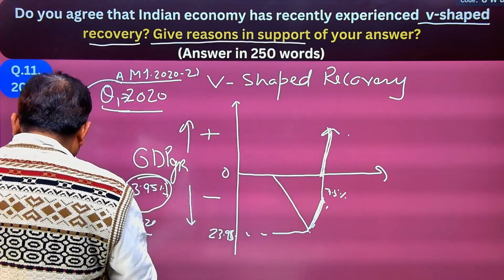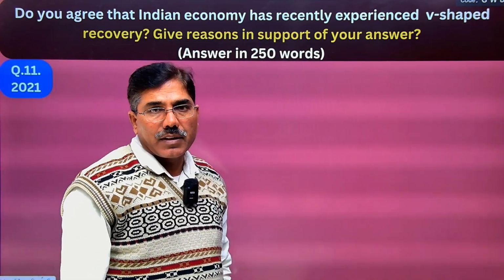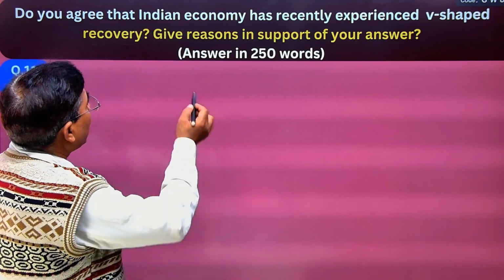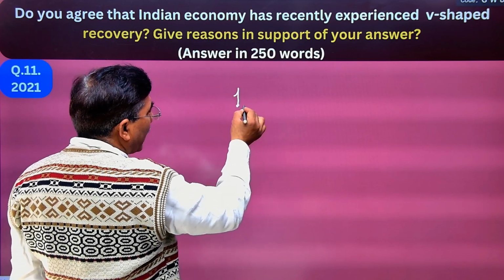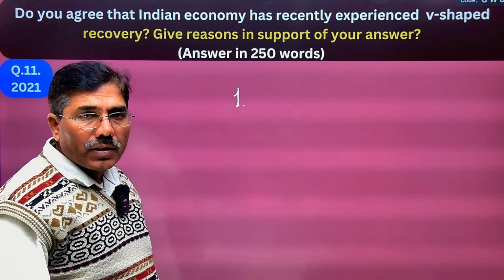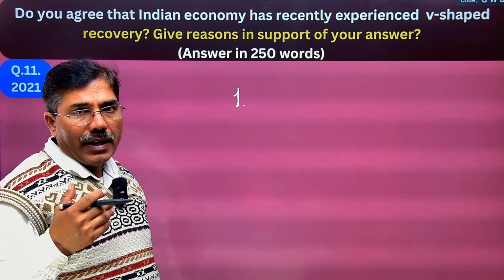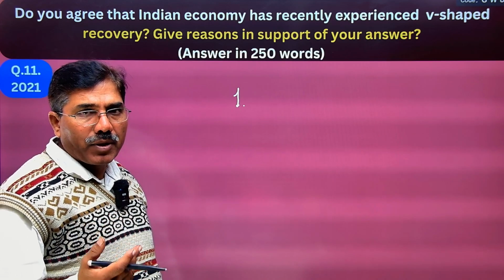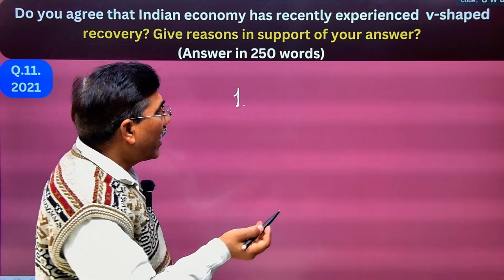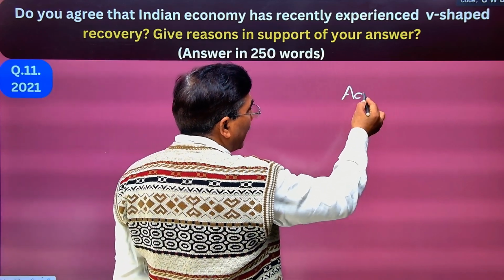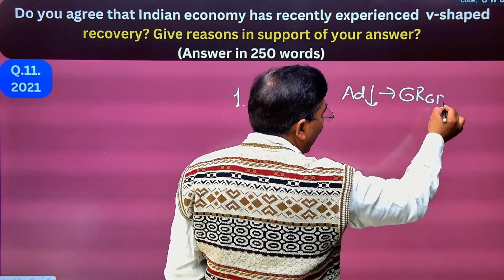First you understand the very simple point, the meaning of V-shaped recovery. Now I will discuss the factors responsible for this recovery. After the lockdown, due to lack of employment opportunity and lack of income in the hands of people, aggregate demand suddenly declined. When aggregate demand declines, our GDP growth rate also declines suddenly.